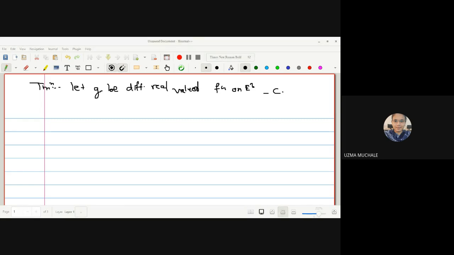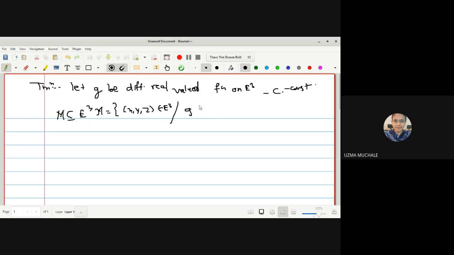With C a constant or some number, let M be the subset of E3 defined by, we are taking the elements xyz from E3 because we are discussing everything on E3, and the function g is a differentiable real valued function, given as g of xyz, that is, a combination of xyz will be equal to some constant.